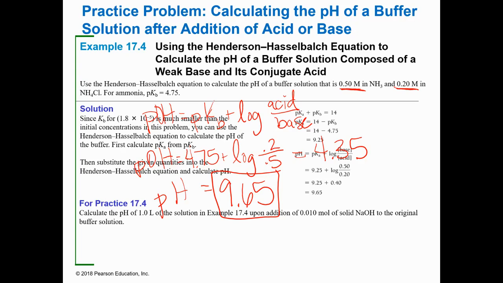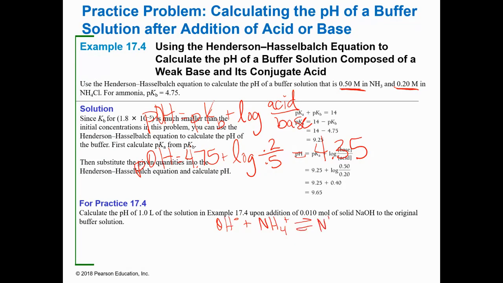Okay, so for this, we're doing the same process that we were doing before. Now we're adding some base in there. So I've got our OH minus with our NH4 plus, and that's going to make our NH3 plus water. I've got no base to start with. I've got 0.2 and I've got 0.5.